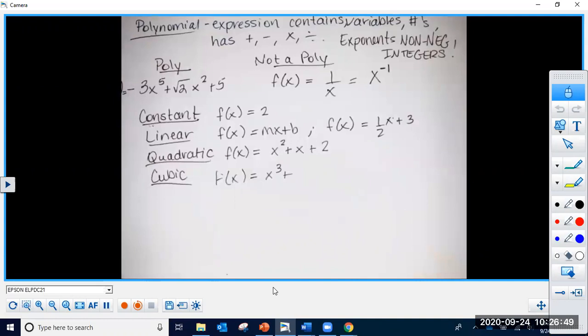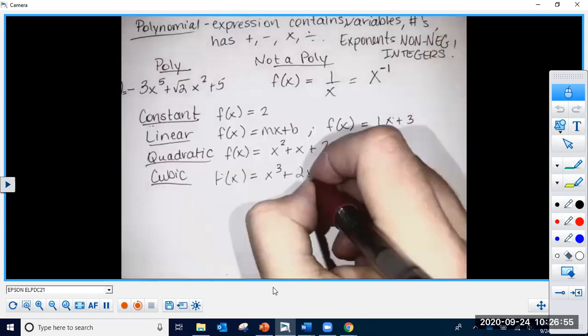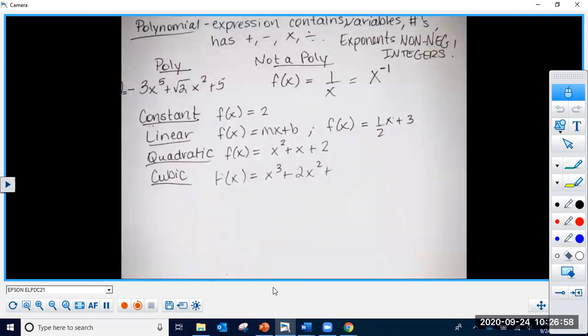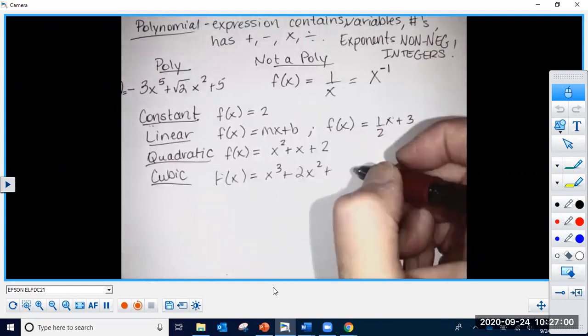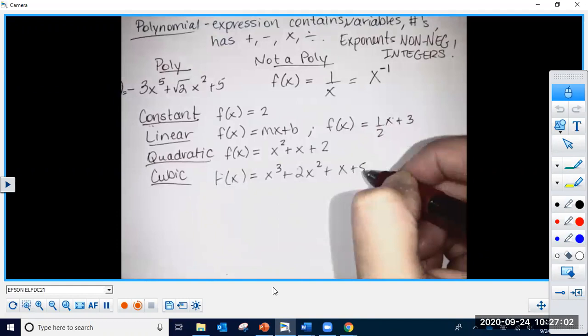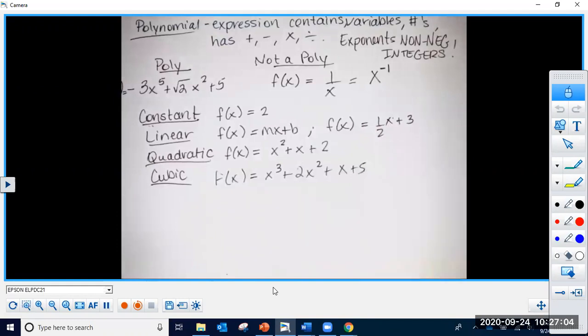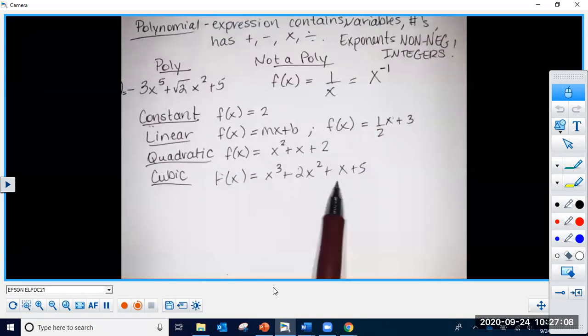I've got like a f of x equals, for cubic, ax to the 3rd, but we like it a lot better when it's just in simple number form. But that's an example of what a cubic would look like. Of course, a cubic and quadratic, you don't necessarily have to have the x, just as long as your highest exponent's 2, 3, respectively, quadratic and cubic.